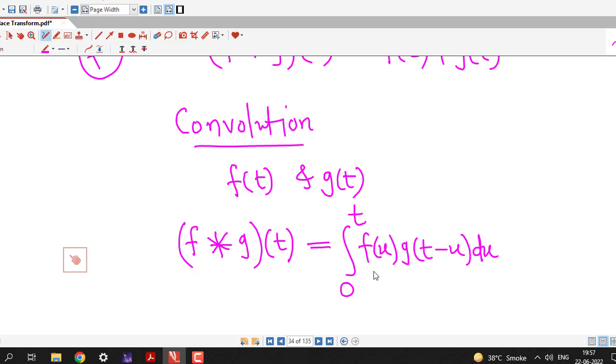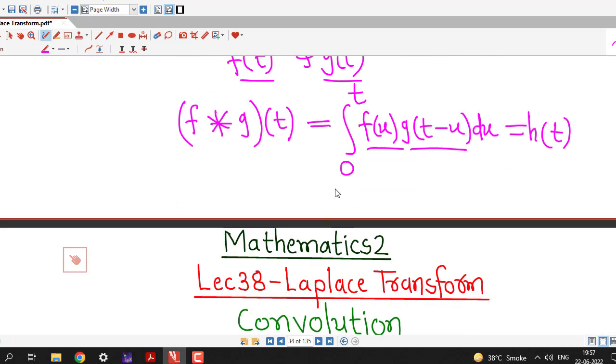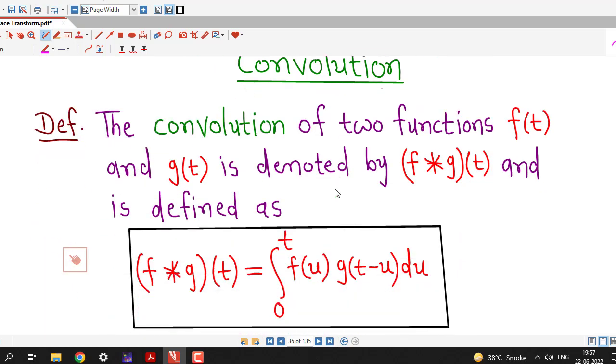So if we integrate this f of u g of t minus u with respect to u from u equal to 0 to t, then we will obtain a function of t, and that function is called the convolution of the two functions f and g. This is the definition of convolution, which is an operation between two functions.